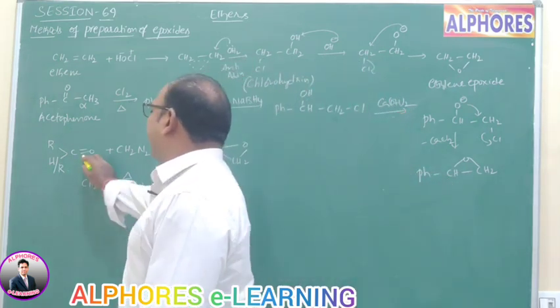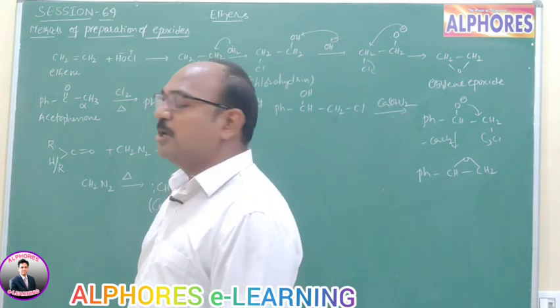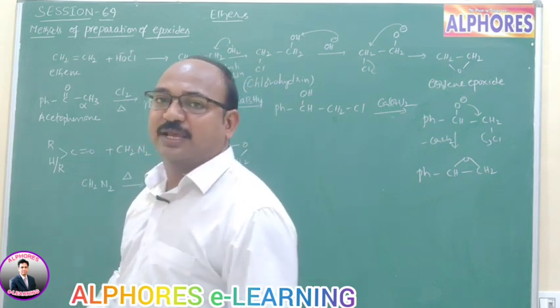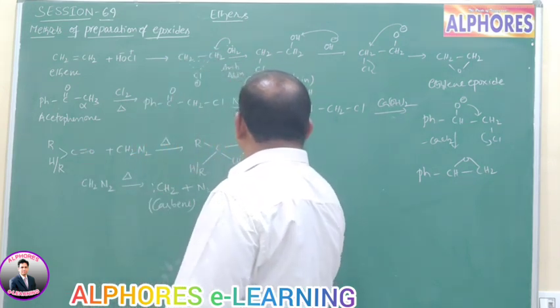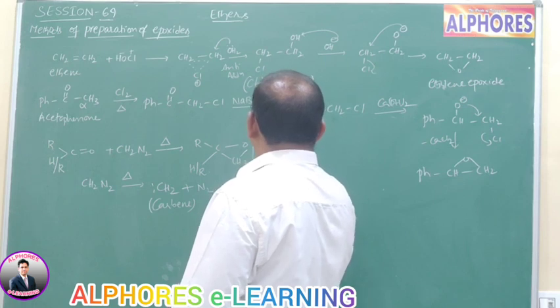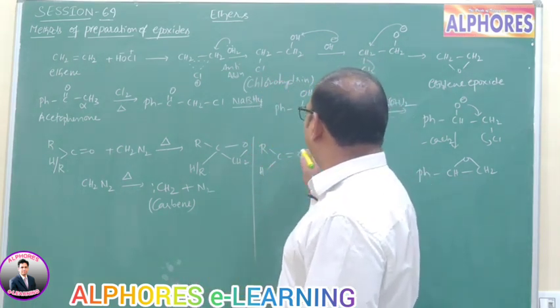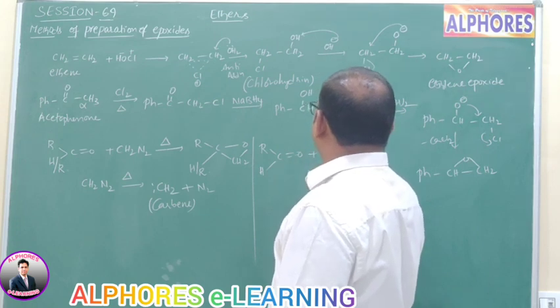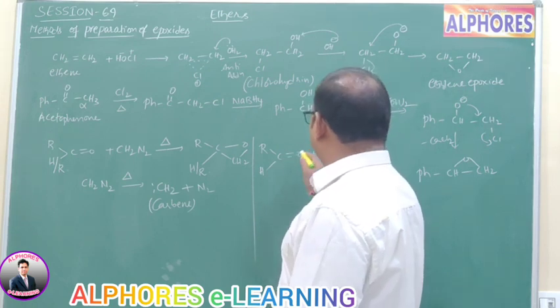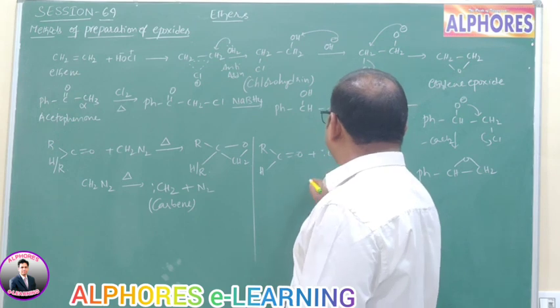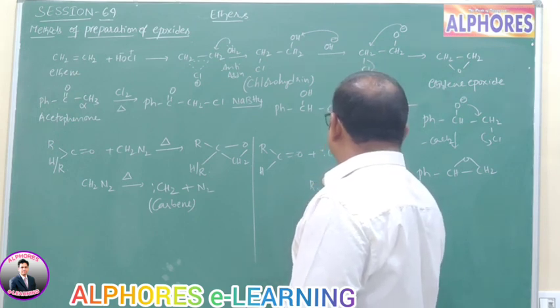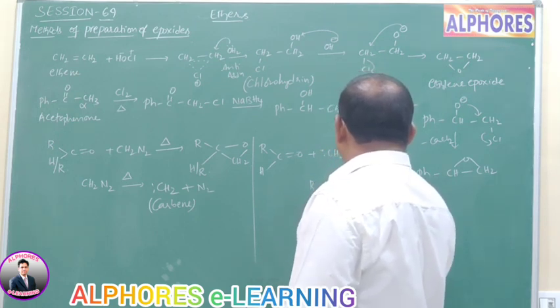Now, this one attacks the C double bond O center because the C double bond O center is an electron rich center. Now, R C double bond O H, either H or R, whatever it may be, aldehyde or ketone, upon reaction with CH2, approaches the double bond center and we get RHCO CH2.